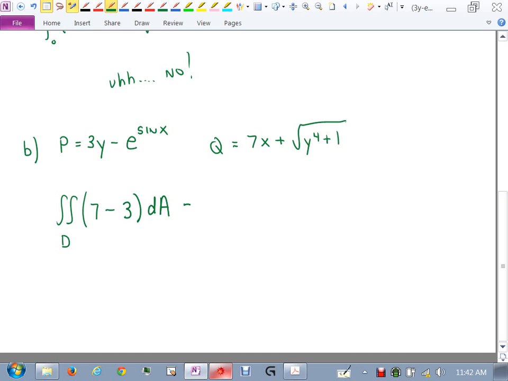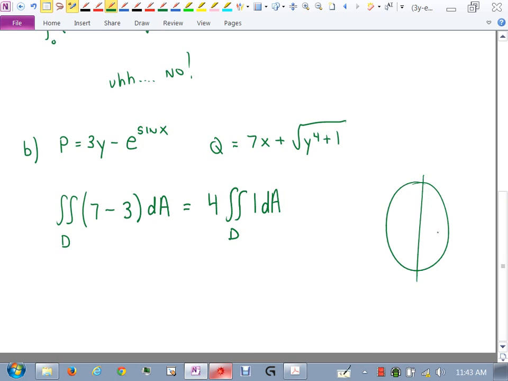That's just 4 times the double integral over D of 1 dA, which is the area of D times 4, isn't it? Do you know the area of D?